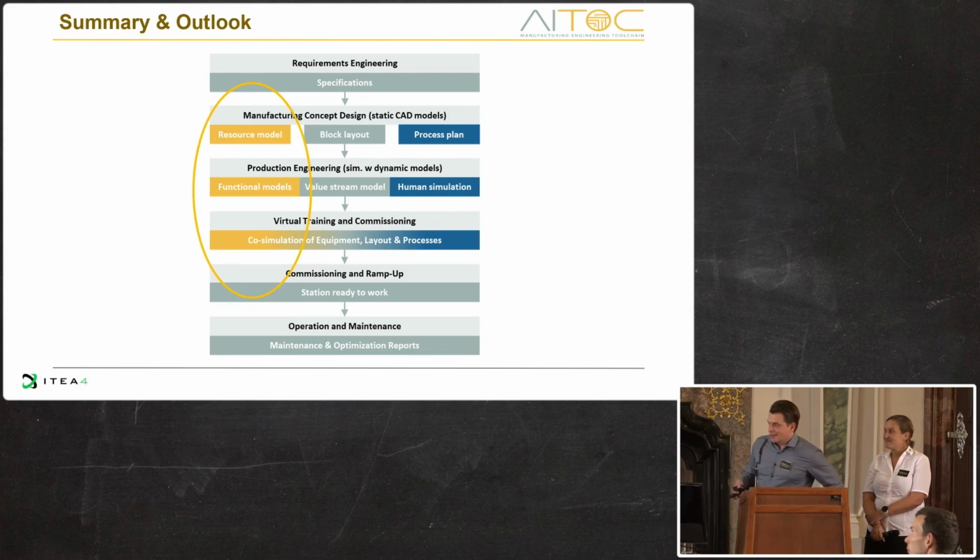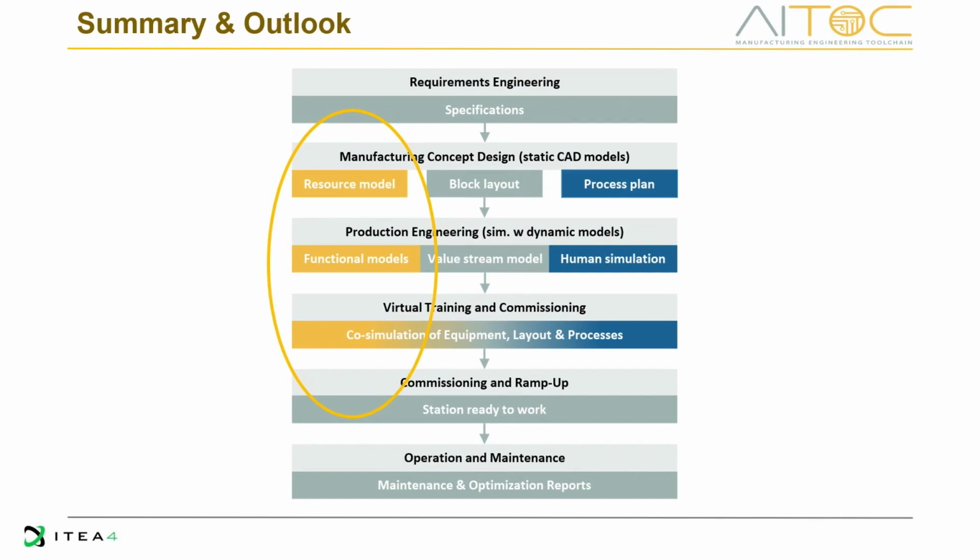As Miriam already mentioned at the beginning, manufacturing is not only the planning of the resources or the behavior simulation. In iTalk we also work on block layout, and we try to use AI also in support of the layout development, and also parts like process planning, where human simulation is one big point.